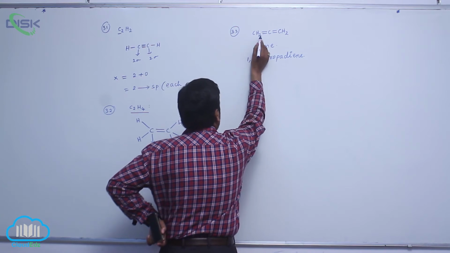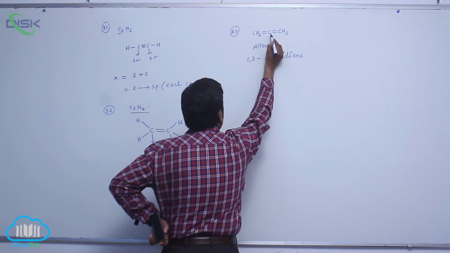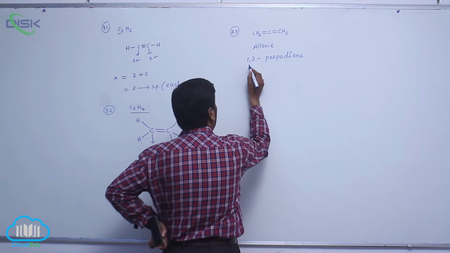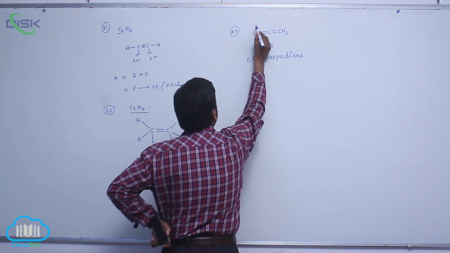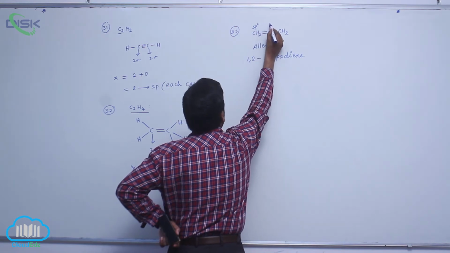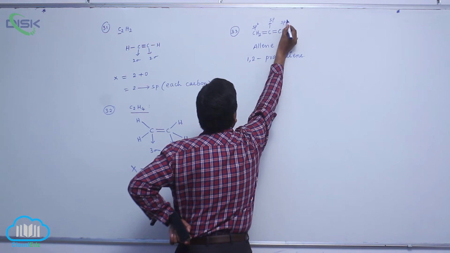Now double bond, so therefore this carbon 3 sigma, 2 sigma, 3 sigma, no lone pair of electrons, so therefore this is sp2.